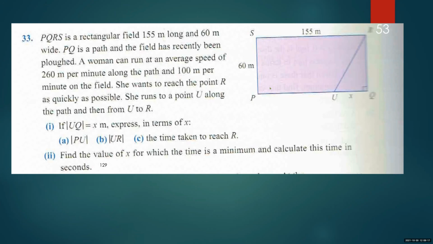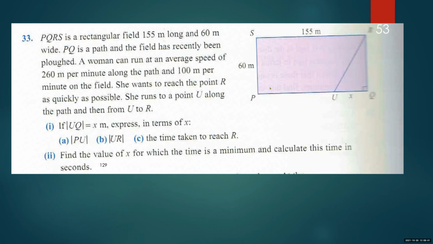So the first part of the question then is, if UQ is x meters, then express in terms of x, PU, and then UR, and then the time to reach R. Okay, so as with many of these optimization questions, you need to get it all expressed in terms of one variable.